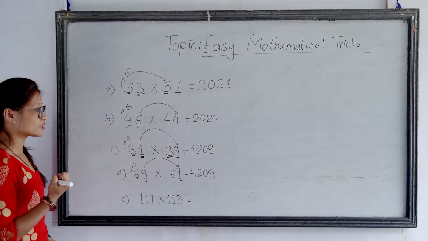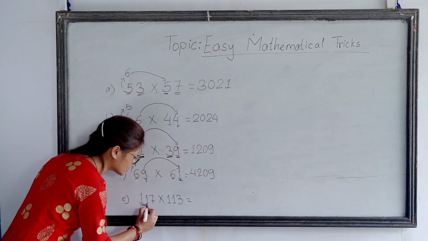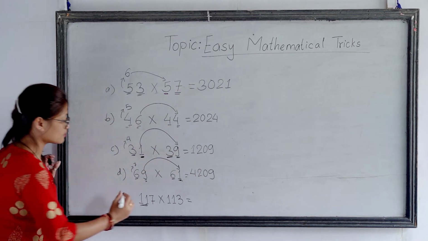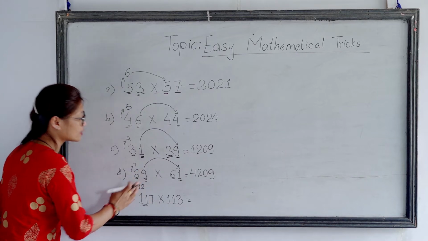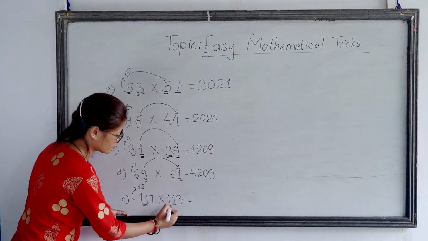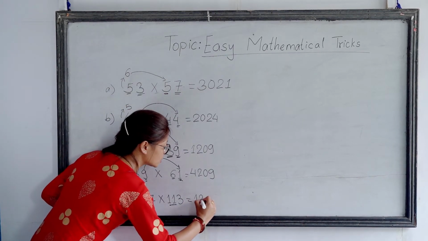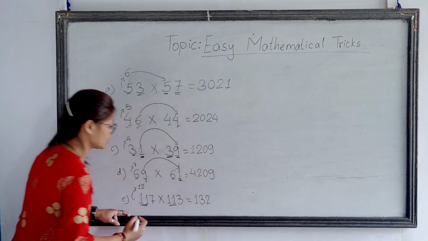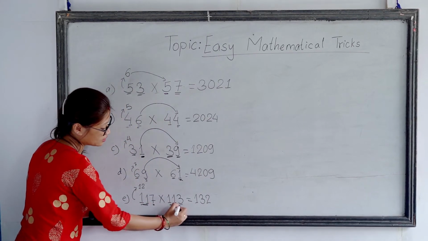This one is also the same process. So which number comes after 11? It comes 12. So let's multiply this 12 with 11. It will come 132 and the remaining numbers are 7 and 3.